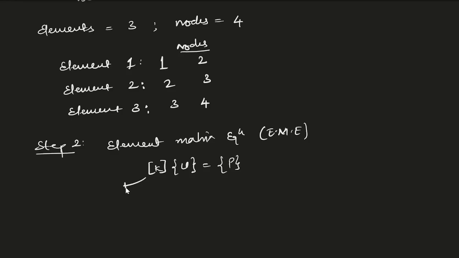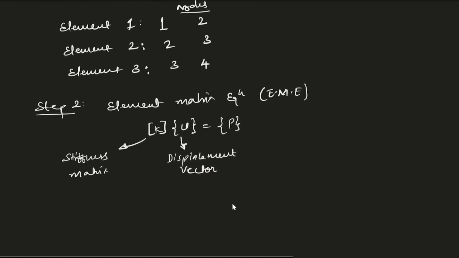K is the stiffness matrix, and U is the displacement vector. It is a column vector, a column matrix, and this can be called the primary variable.